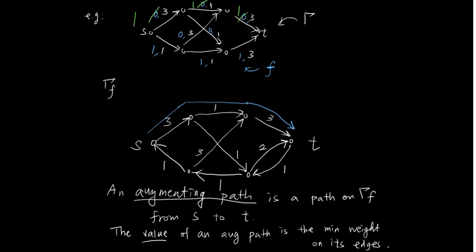Okay, so this is an augmenting path, and the value is equal to 1.